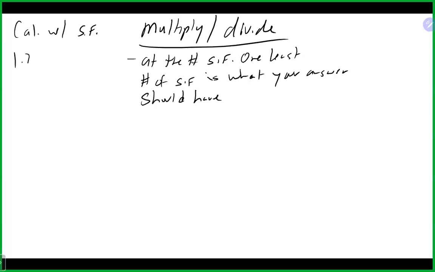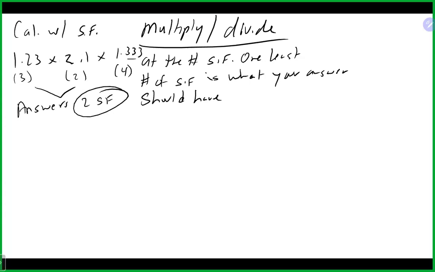So if you multiply 1.23 times 2.1 times 1.333, here we're multiplying 3 sig figs, 2 sig figs, and 4 sig figs. That means our answer should have only 2 sig figs. Remember that the least number of sig figs, or the smallest decimal places, is essentially your worst measurement, and your calculation can only be as good as your worst measurement. So that's the one that limits how good it is.